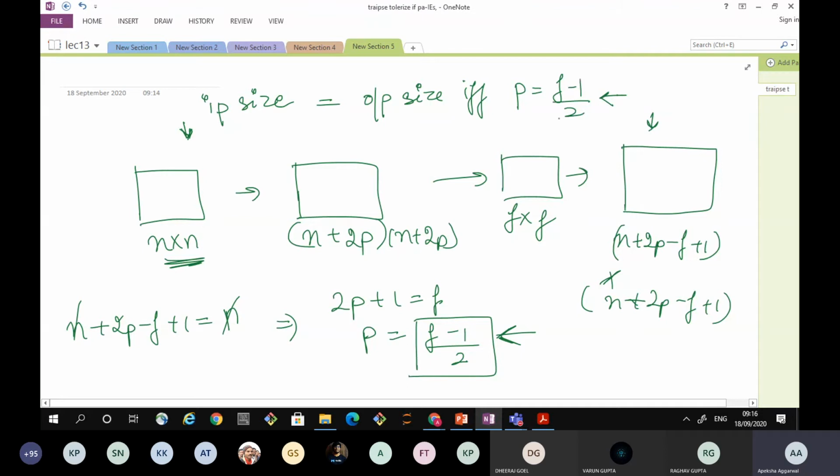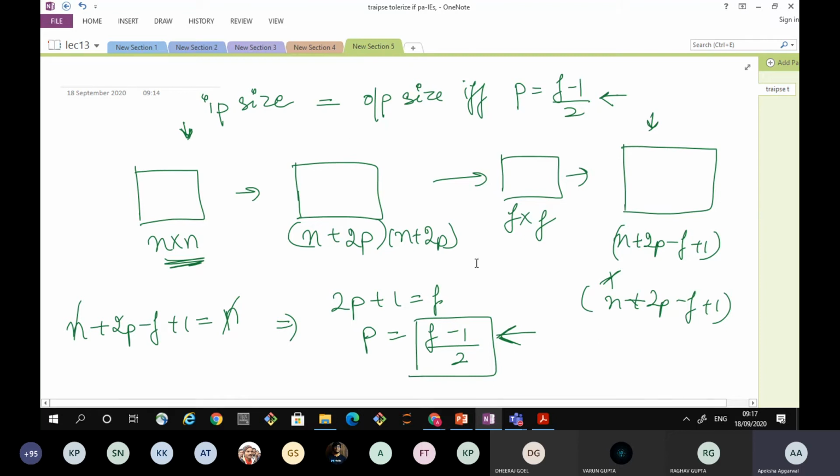Okay. In the previous example we have seen that f was 3, so 3 minus 1 by 2, that is p is equal to 1. That is why we have set the padding to 1. Whenever I set the padding to f minus 1 by 2, I get the output image the same as the input image. Okay. So this was about padding.